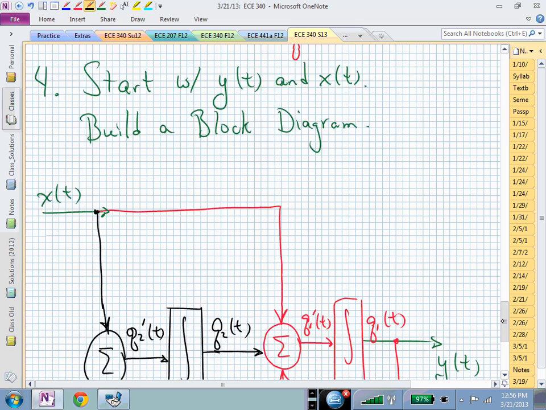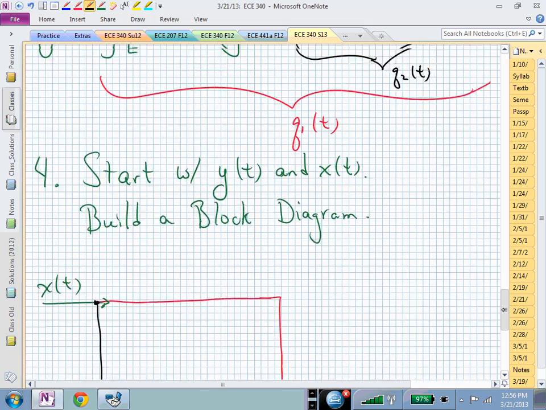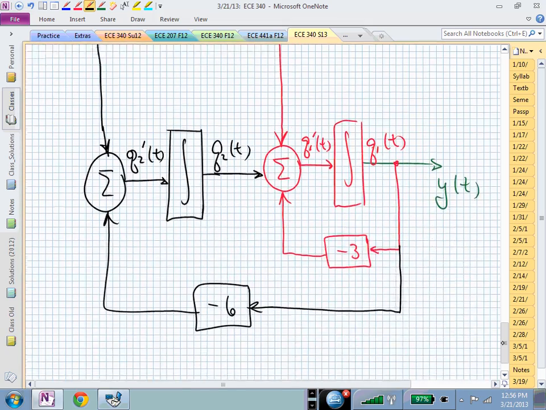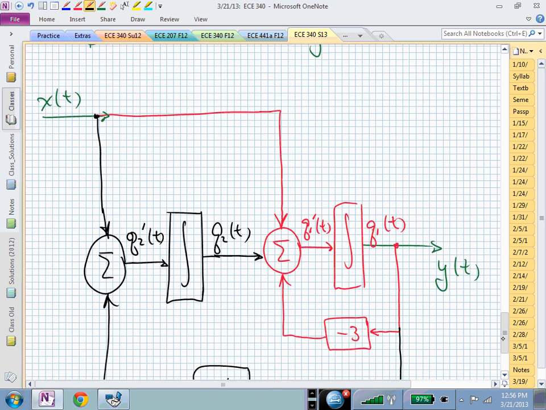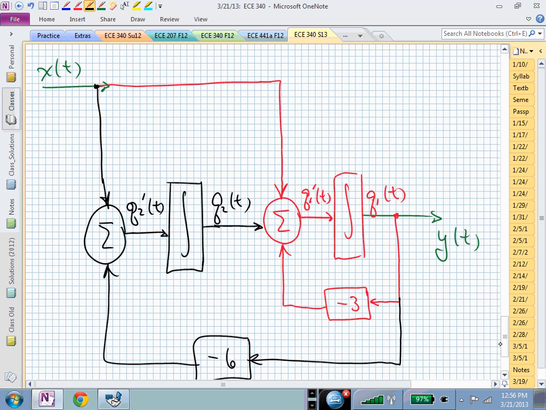Now, the fourth step, or I should say, I guess the fifth step, you could have done this creation of the block diagram without saying here's Q1 and here's Q2. You could now go in and say, oh, I know how to find a state space representation given a block diagram, meaning if somebody hadn't put these in.